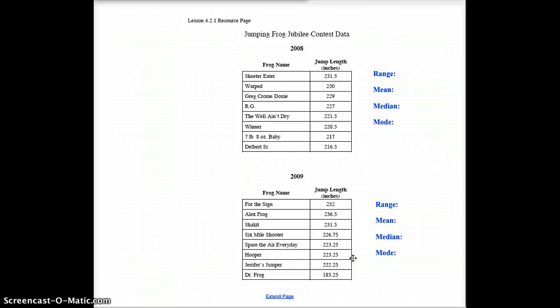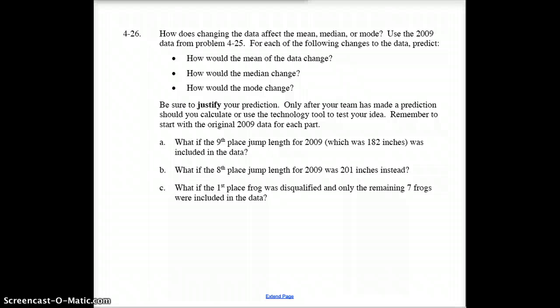And I'm back in 3, 2, 1. All right, now we're going to talk about the data and what would happen to it if we adjusted some numbers. So real quickly, I'm going to jump to question number 26 here. 26 says, how would the mean of the data change by affecting certain things?